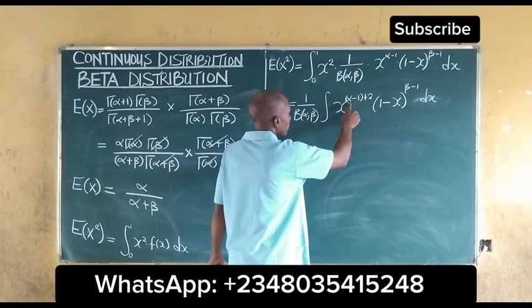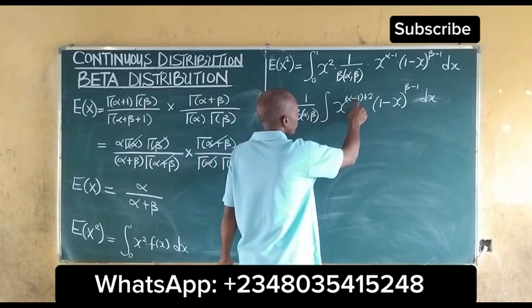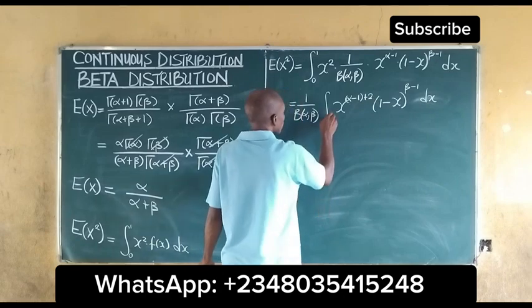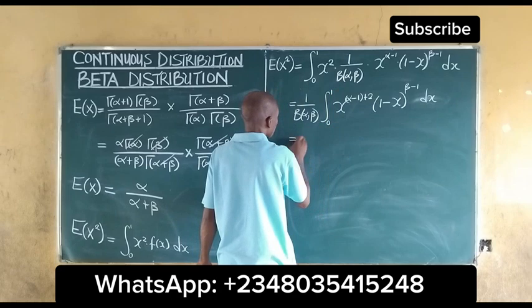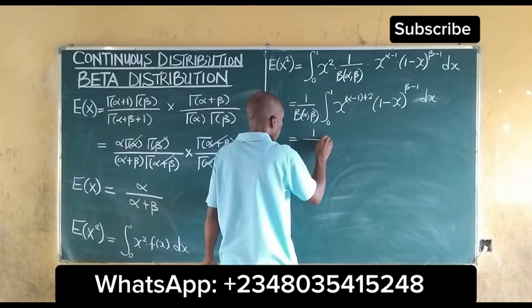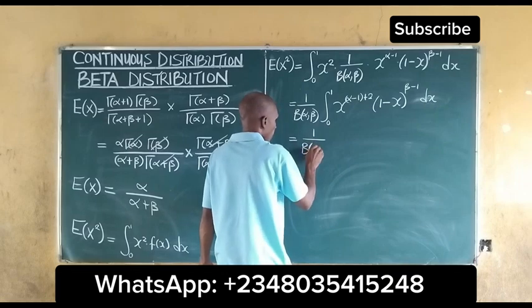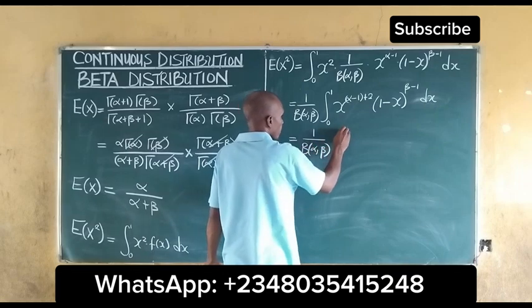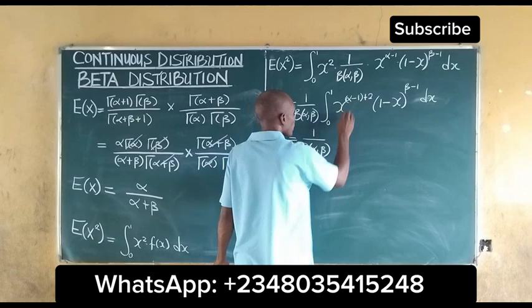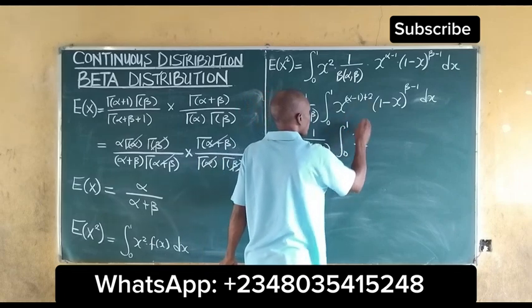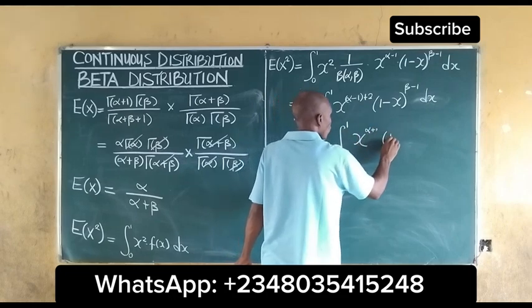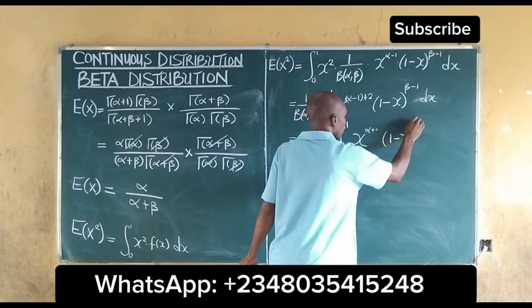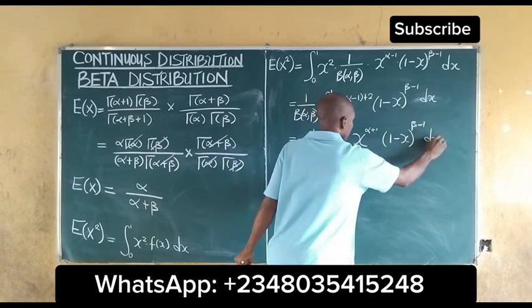Of course, this will now give us alpha plus 1, ranging from 0 to 1. The whole of this function is equal to 1 all over B of alpha, beta, times the integral from 0 to 1 of x raised to the power of alpha plus 1, times 1 minus x to the power of beta minus 1, dx.